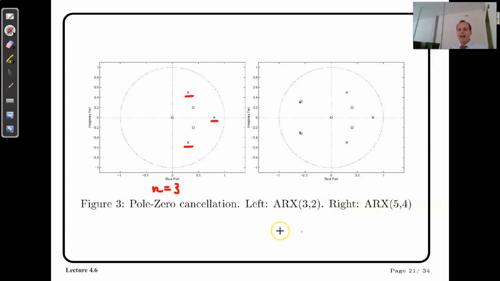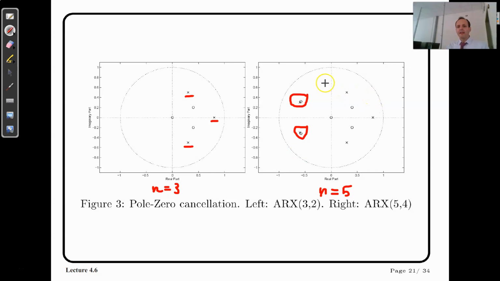But if you try, for example, an order of 5, so you include two extra poles, you see here that the model in an automatic way introduces two zeros that should cancel out your poles.